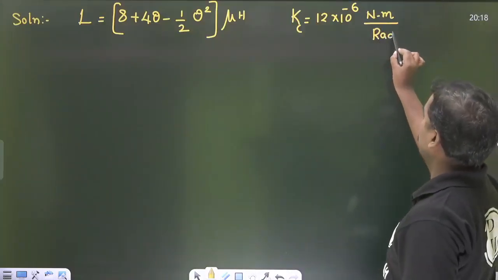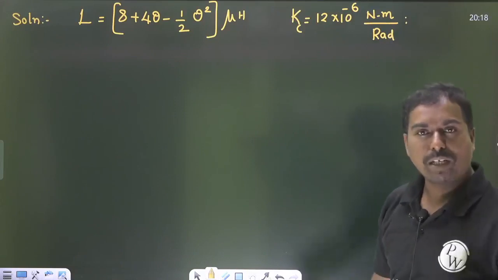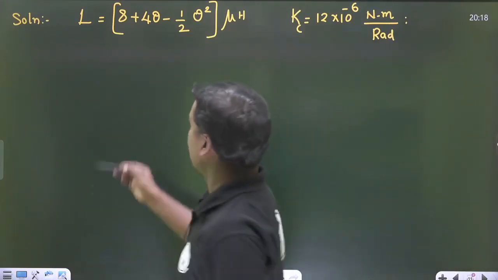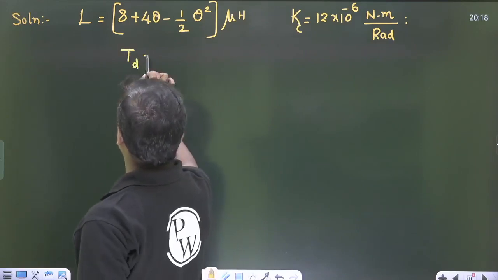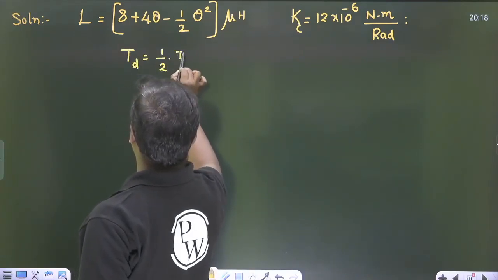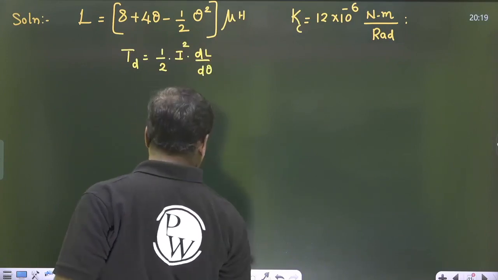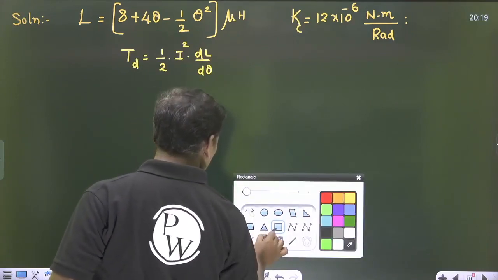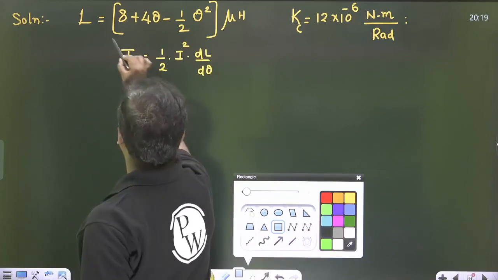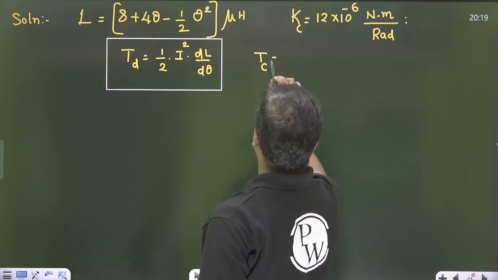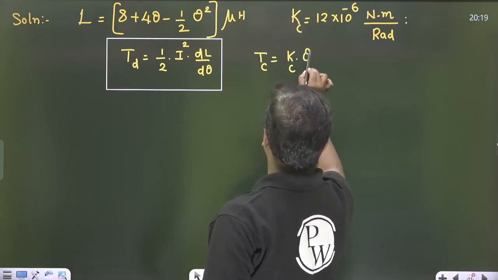First of all, what are the basic expressions of the deflection torque and controlling torque? The deflection torque expression is 1 by 2 I square dL by d theta. The controlling torque expression is Kc into theta.